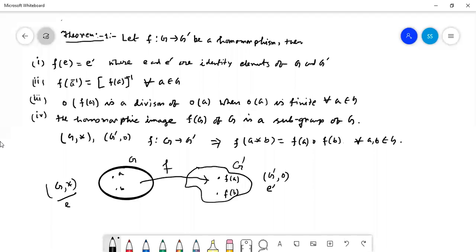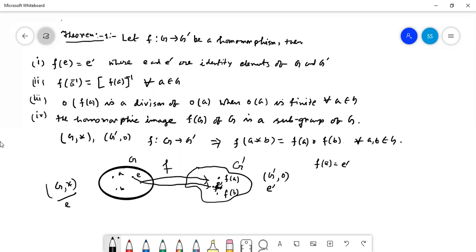So we can say that f of e equal to e dash if f is a homomorphism. If f is a homomorphism, then the identity element of the domain group is mapped to the identity element of the range set. That is f of e equal to e dash.